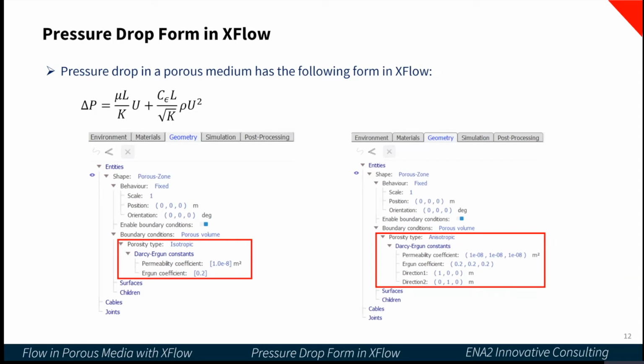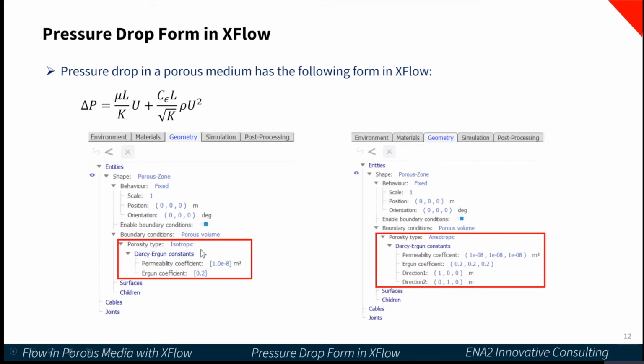The graphical user interface of XFlow is depicted here. When you choose your geometry or import your geometry, the software asks you, for example, to define the region as a porous zone. Under boundary condition, you can define your region as a porous volume.